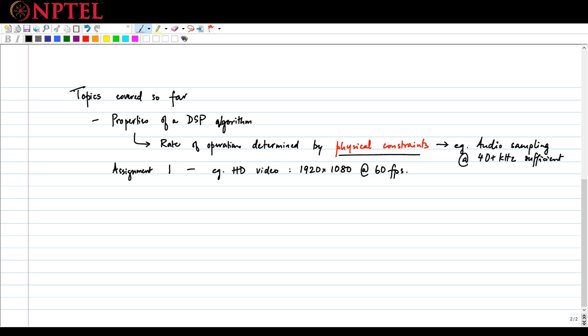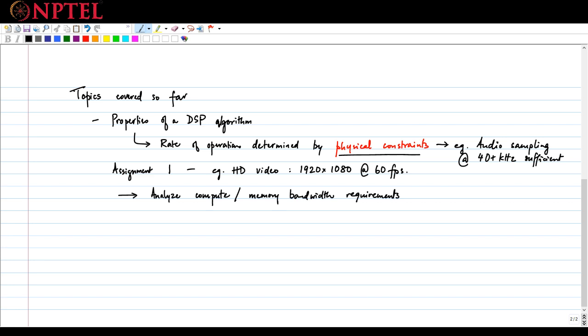So one of the things that we should be able to do when we are analyzing a DSP algorithm is, can we analyze the computational and the memory bandwidth requirements of such systems based on their physical constraints, right?